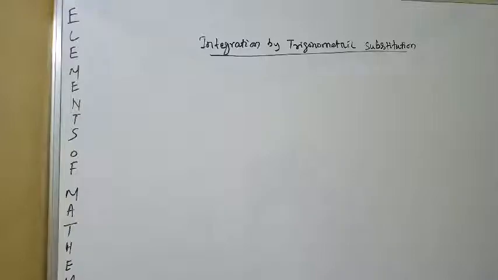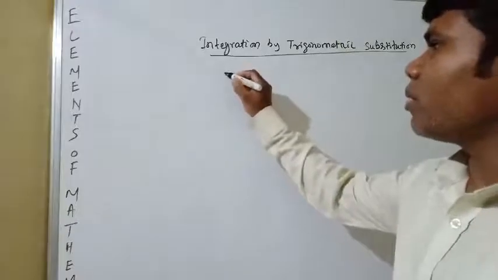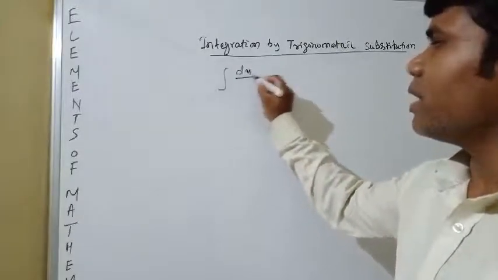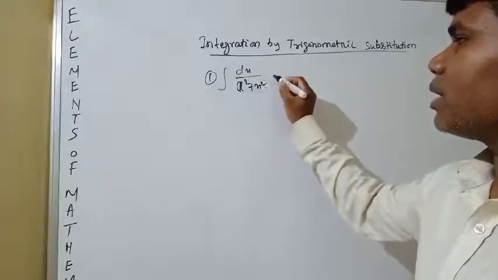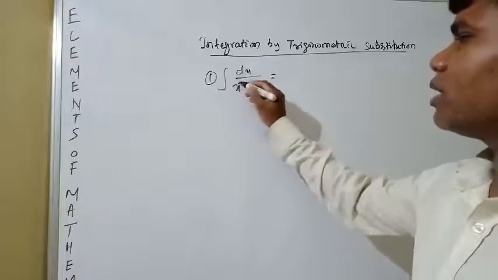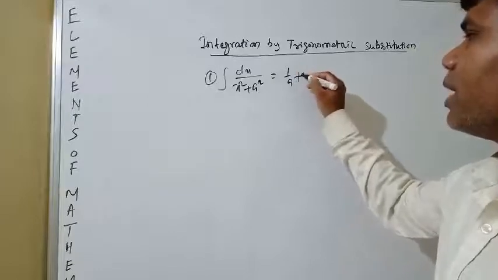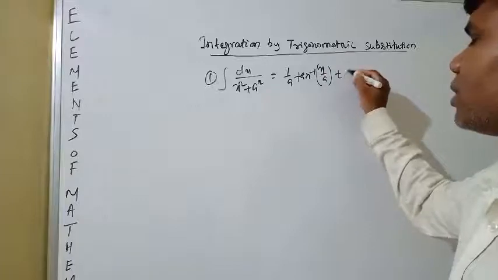In trigonometric substitution, mainly 5 formulas are used. You see, the first formula I have already proved: integration of dx by x square plus a square is equal to 1 by a tan inverse x by a plus c.